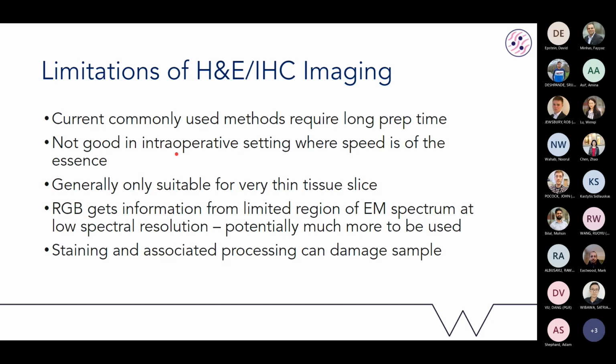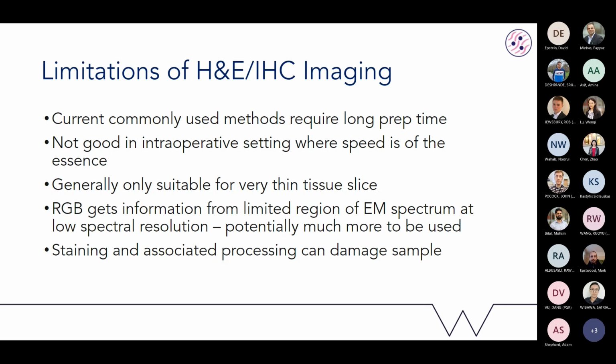Those methods are generally only suitable for very thin tissue slices. And taking these RGB images gets information from only quite a limited region of the EM spectrum at quite a low spectral resolution. You just basically have these 3 bins. So there's potentially much more information available there that we could use.